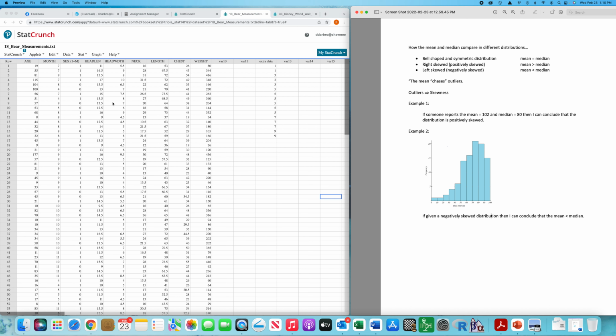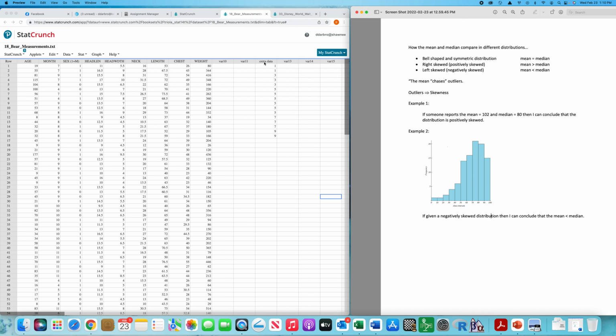But before I get to that, I want to give you an illustration that hopefully makes the relationship between the mean and the median, chasing outliers, and outliers causing skewness a little clearer.